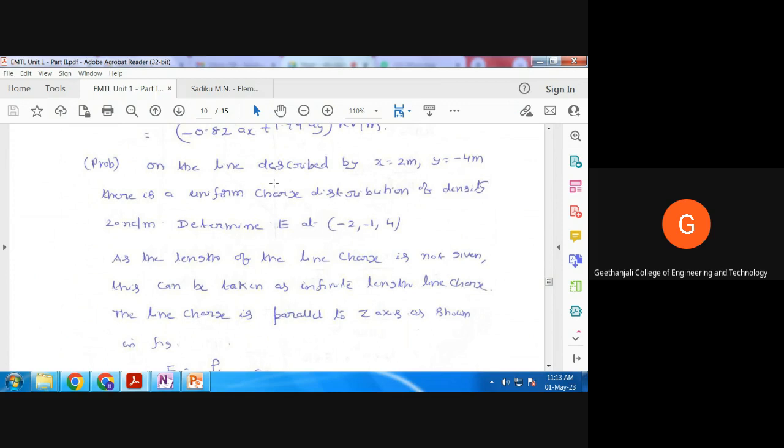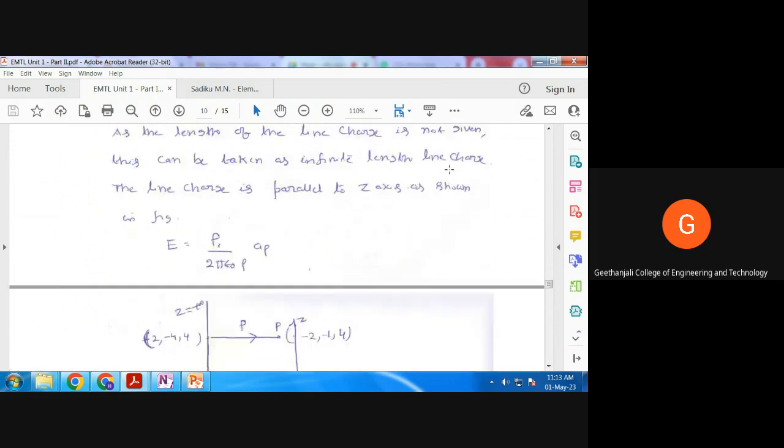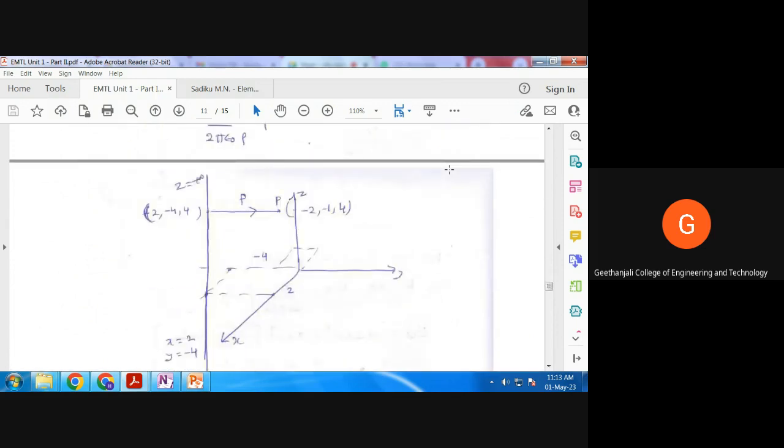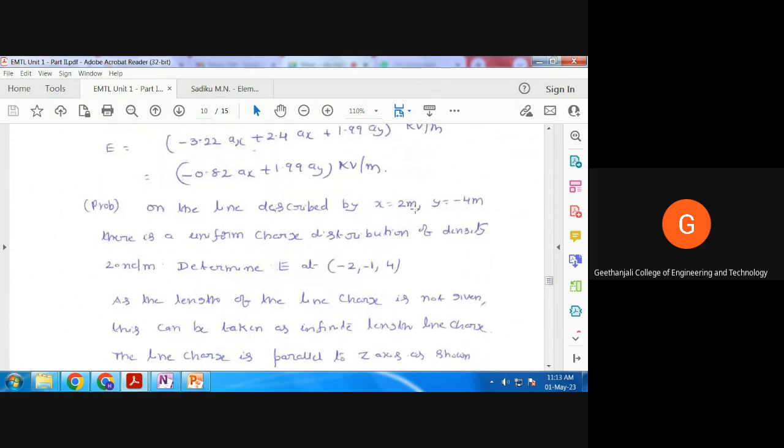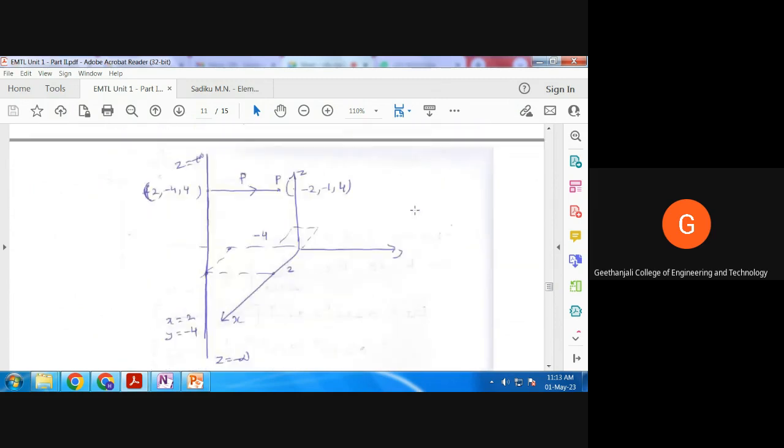That line charge is obtained as the intersection of x is equal to 2, y is equal to minus 4. So the intersection of x equal to constant and y equal to constant means it is a line parallel to the z axis. So the line charge is parallel to the z axis, with x is equal to 2, y is equal to minus 4.